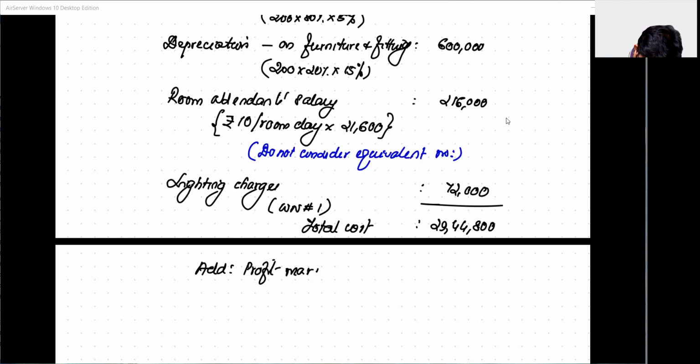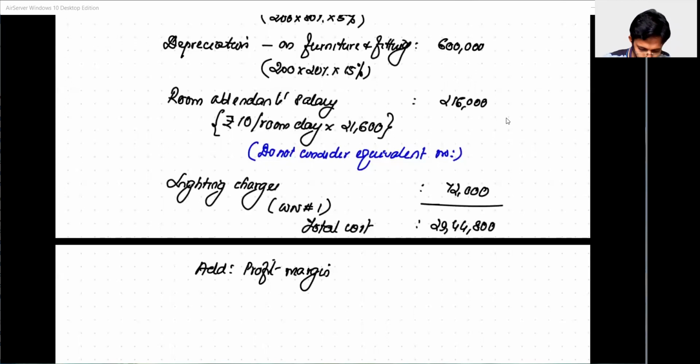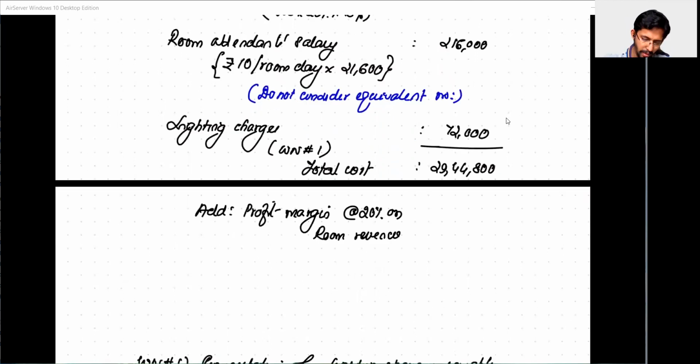Now with this, you have to add profit margin, and they say that it is 20%, right? What is the profit margin? 20% on the room rent. So profit margin is 20% on room revenue. 20% means 1 by 5 on the revenue.